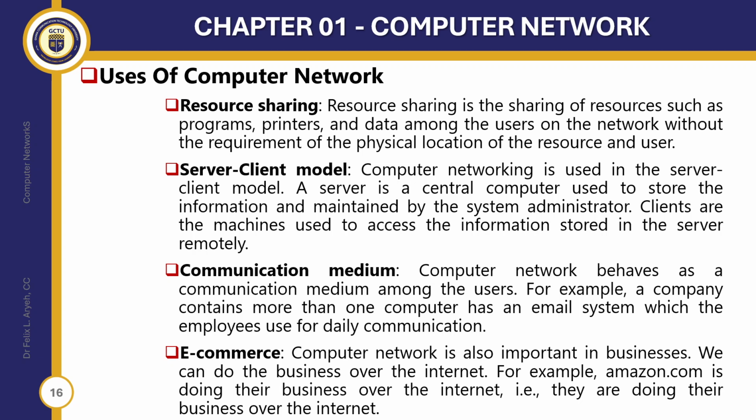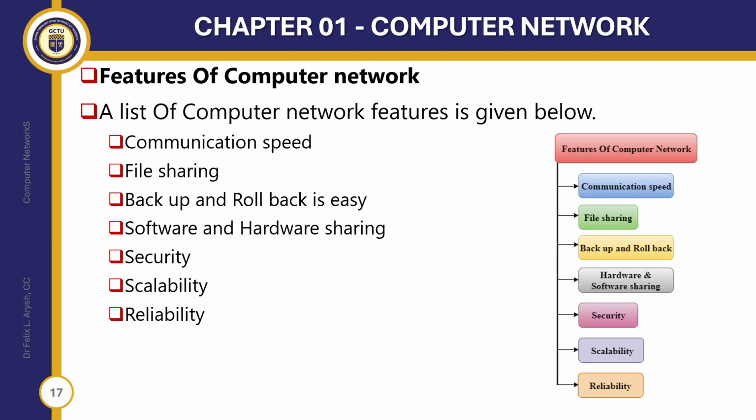So in today's lecture, we're going to delve straight into the features of computer network. Now, outlined here are the list of computer network features, as you can see. So we have the communication speed, the file sharing, backup and rollback, and hardware and software sharing, security, scalability, and reliability.